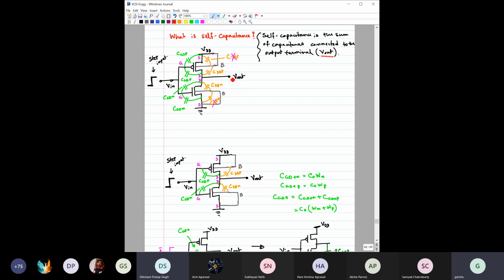You can see this V out has one terminal connected with this capacitance, and the other terminal connected with the DC, the ground, meaning basically a fixed voltage. That is the reason why we consider this one and this one as associated capacitors with this V out.